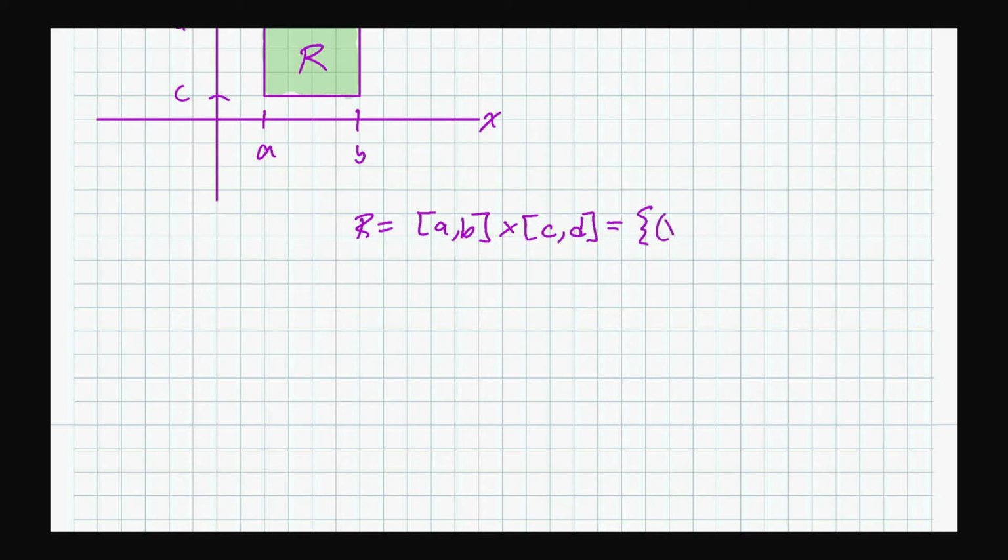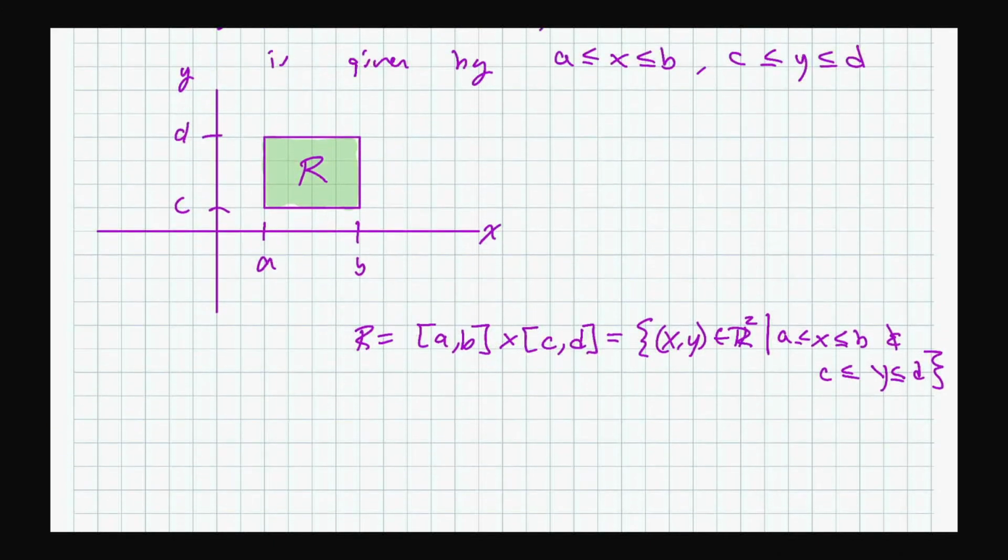It's the set of all (x, y) in R2 such that x is between A and B and y is between C and D. That's really just what we said, but they use this extra notation to indicate a rectangle.